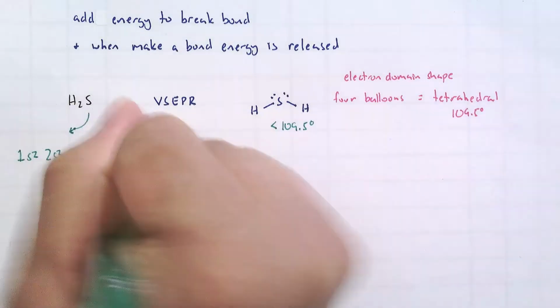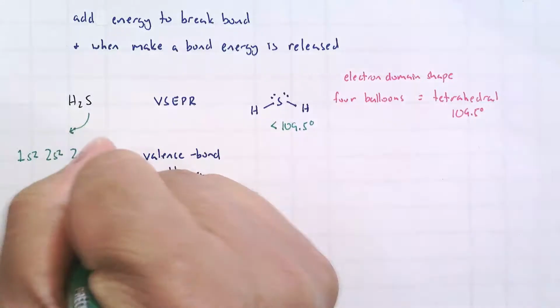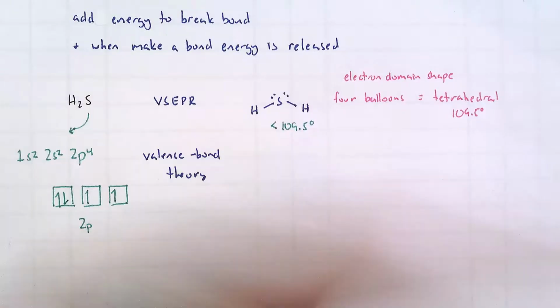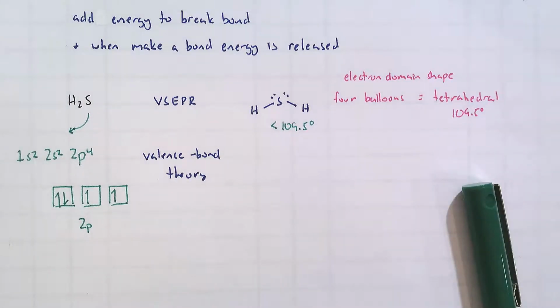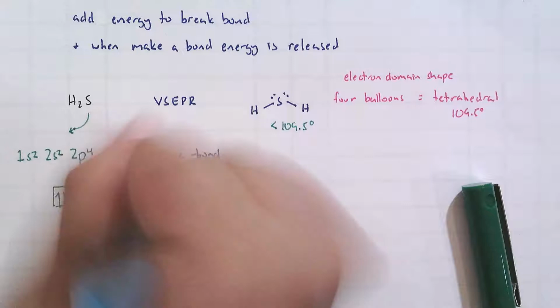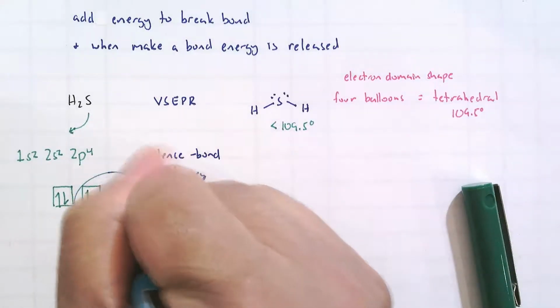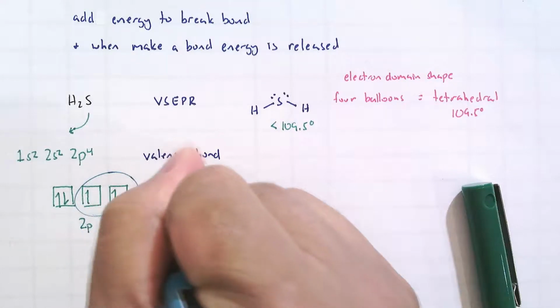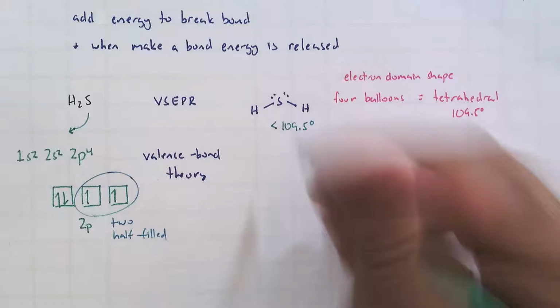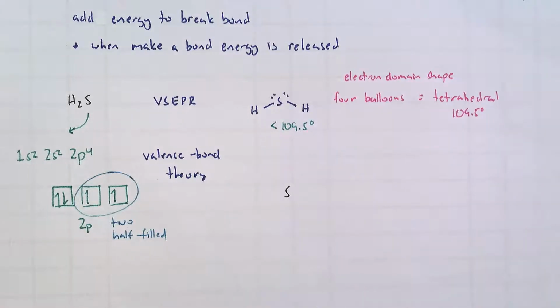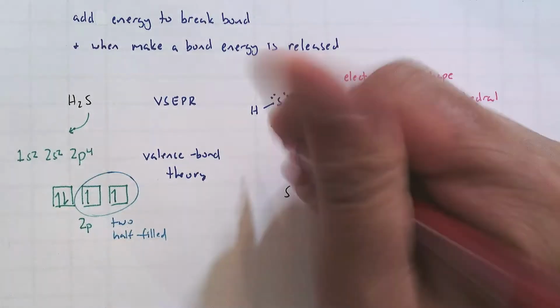I'll just do the 2p ones. 1, 2, 3, 4. So we have 2 that are half filled, two available for bonding. So my sulfur is here, and they are p orbitals. I'm still going to draw all 3 p orbitals.